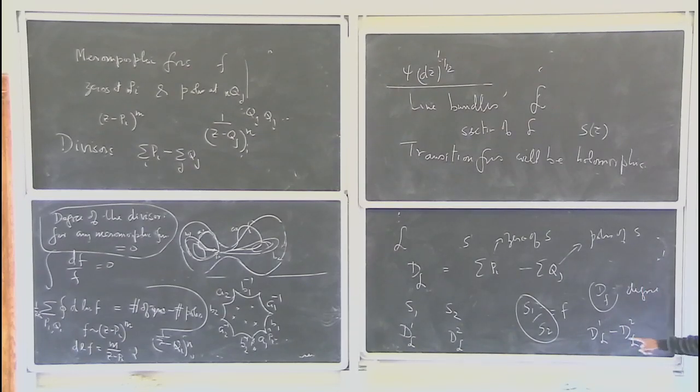And what we are seeing is that this must be the divisor of a function, so it must have degree 0. That means, first of all, that these two must have the same degree. And secondly, it is not just the fact that it has degree 0, but it is the divisor of a meromorphic function.